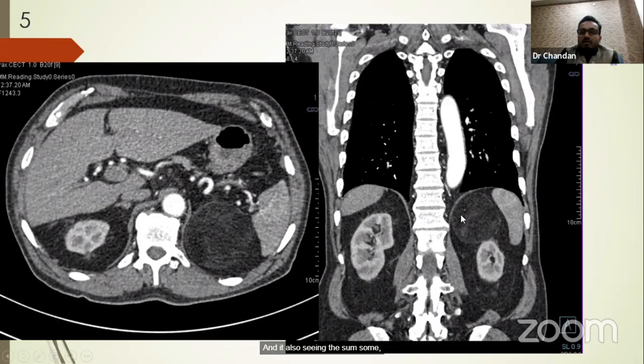It also shows some heterogeneous content apart from the fatty component. So what is the diagnosis? The diagnosis is obvious. It is a myelolipoma, because apart from the lipid content, there is an inhomogeneous, slightly isodense area that represents myeloid tissue.